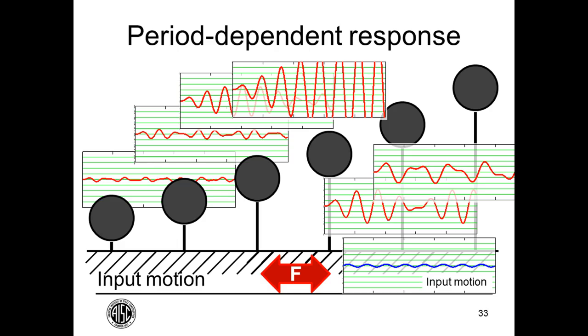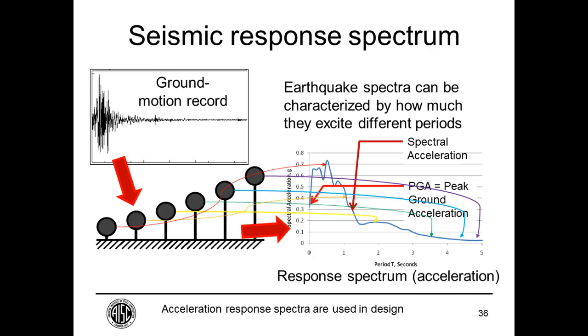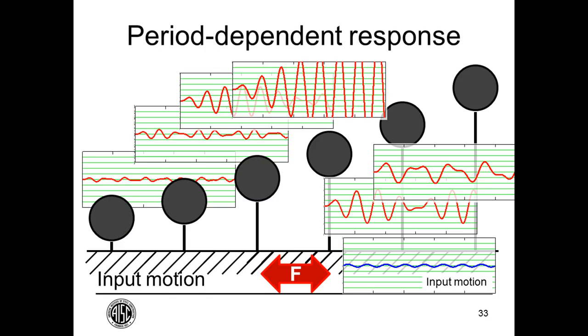Let's look at this slide, and let's also look at 36. If you have a ground motion, in slide 33 it was a simple sine wave, and this is literally what I did. I used a MathCAD sheet with a sine wave input and just a single degree of freedom oscillator. In this case, it's pure resonance.